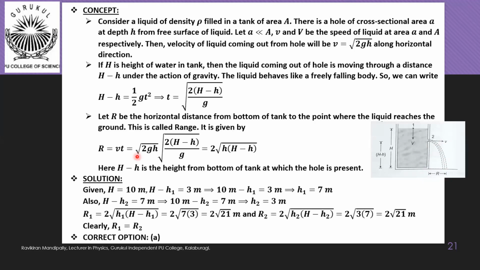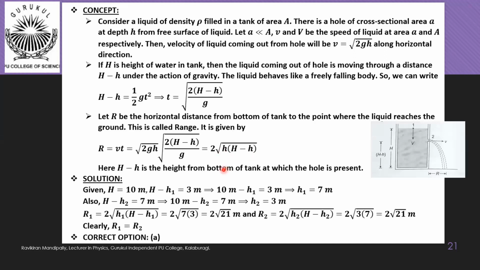Root g and root g cancel, and root 2 into root 2 is 2, and we get capital R is equal to 2 into root of small h into capital H minus h. Here small h is the position of the hole from the top of the liquid, and capital H minus h is the position of the hole from the bottom of the tank.